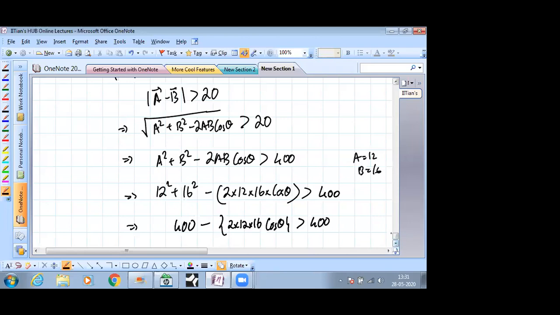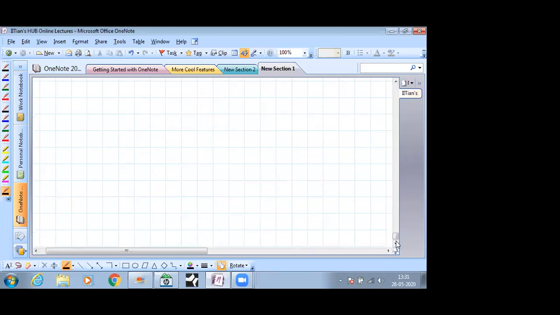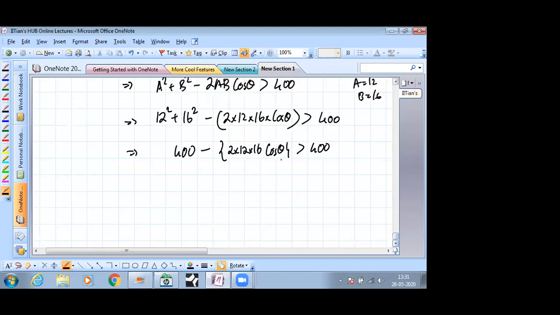That basically means that this quantity is a negative quantity. This thing is negative, which implies that cos theta is a negative quantity. That means theta is obtuse. So based on that, now you can check.